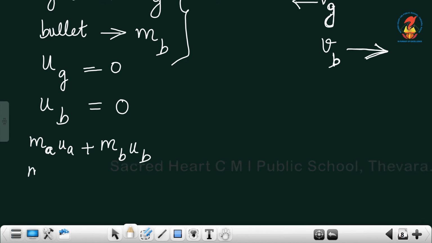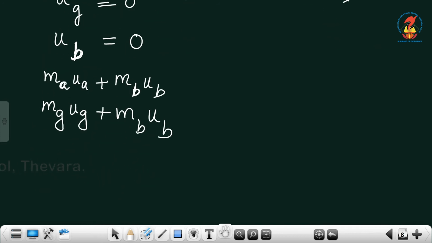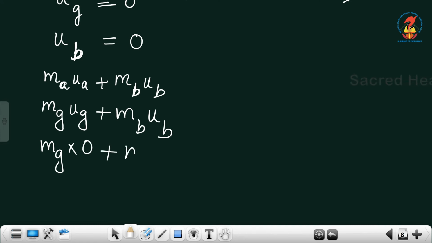Instead of the first object, here we have the gun: MGUG, plus the second object, the bullet: MBUB. The initial velocity of the gun was 0 since it was at rest, and the initial velocity of the bullet is also 0.